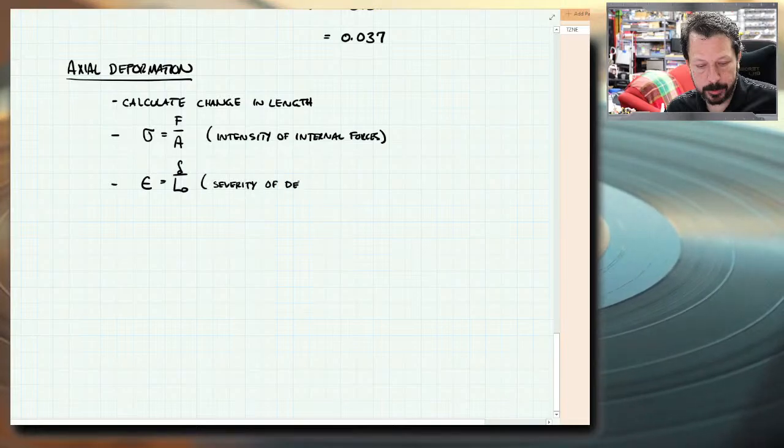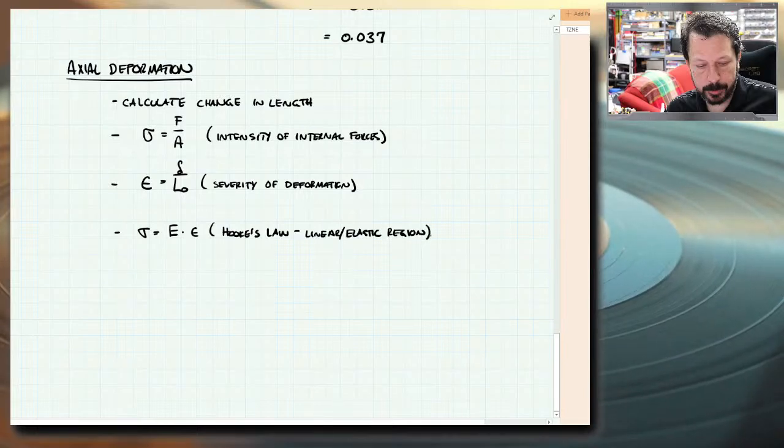So how much it deformed or stretched or compressed. And then we had sigma equals E times epsilon. This is Hooke's law. And it's really only good in the linear region, the elastic region. So you do have to keep that in mind.